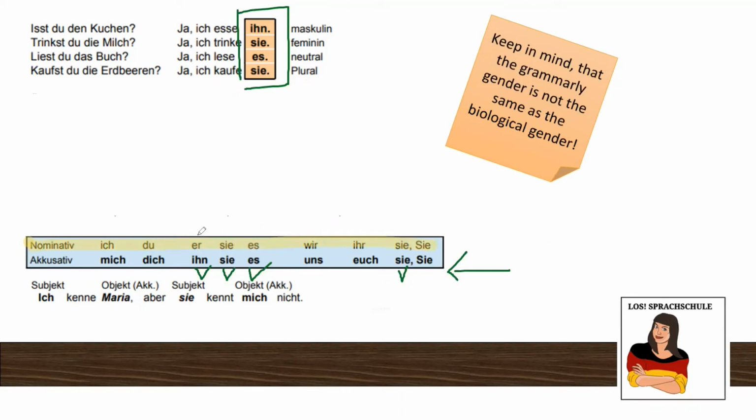Ich, du, er, sie, es, wir, ihr, sie, Sie, polite. And don't forget man, but this is not important now because it doesn't change. But just saying. In accusative, we get mich, dich, ihn, sie, es, uns, euch, sie, Sie.